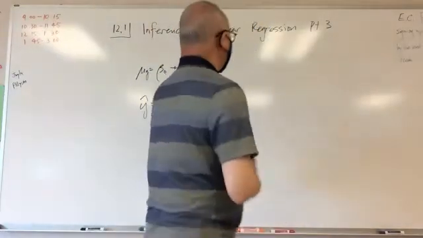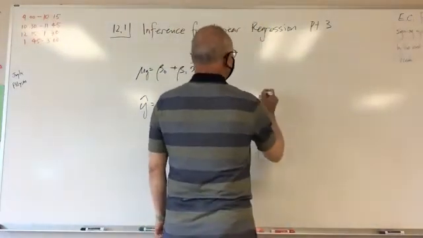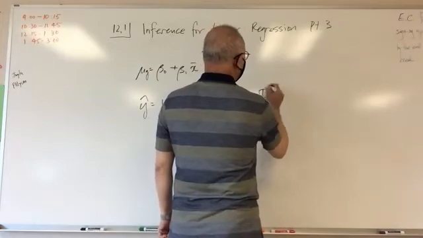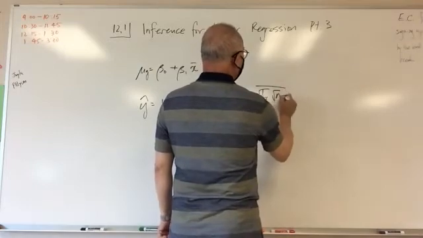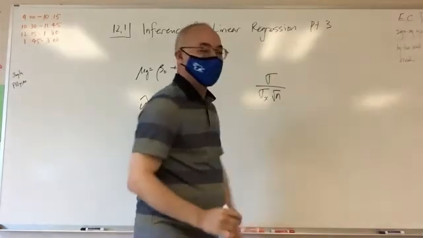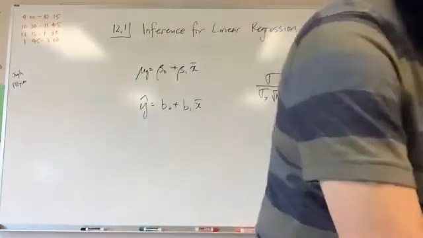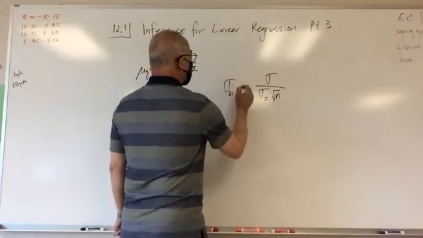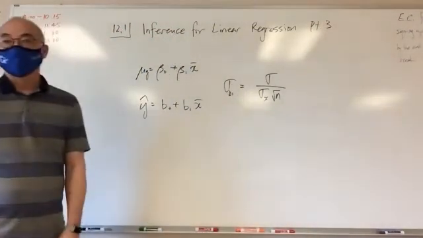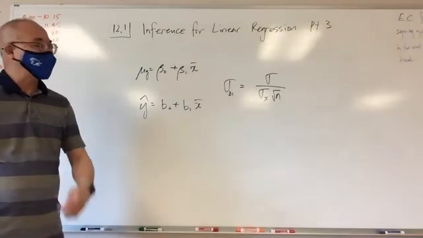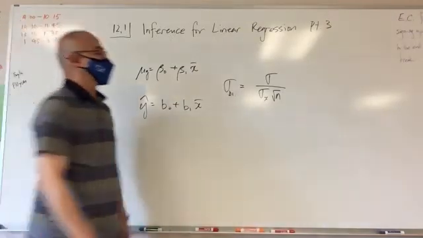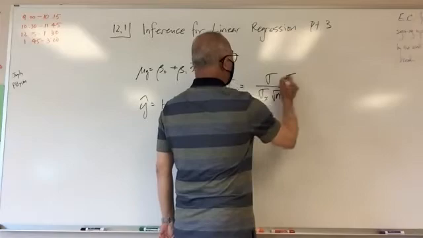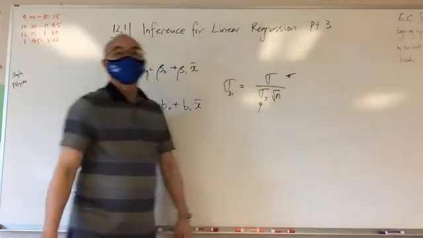When we talked about the standard deviation, we actually said it was like this, right? This is going to be the standard deviation of the slope. The problem, and I kind of hinted at this, was that we do not know this.